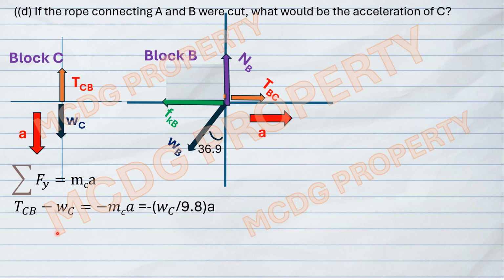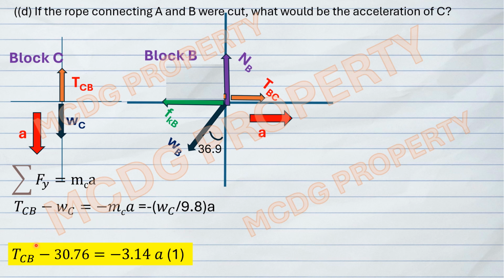And that will be equal to WC divided by 9.8, that is the mass of block C. Hence, we can write the summation of forces along the y for block C. The summation of forces along the y for block C is TCB minus 30.76, and that will be equal to negative 3.14 times A. 3.14 is the mass of block C. And let this be our equation number 1.